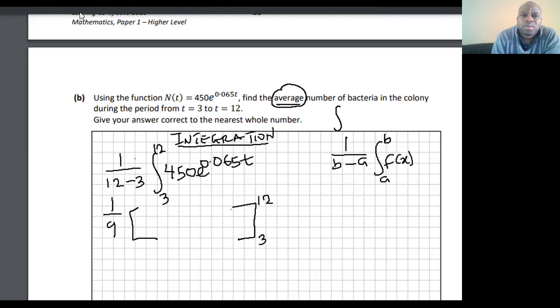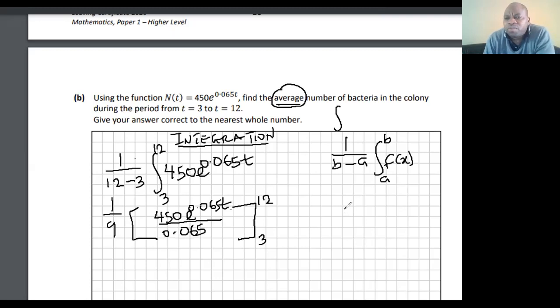So now we repeat everything. 450, that's the constant. Then write your exponential 0.065t. Now 0.065t will come down and divide them, 0.065.